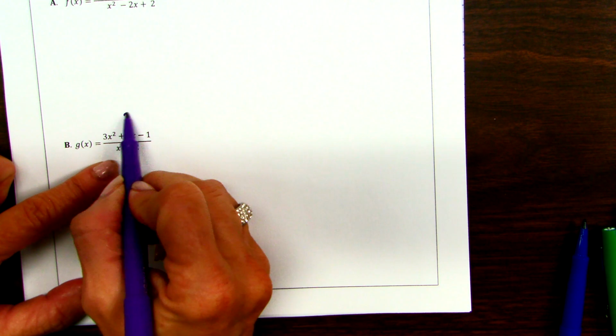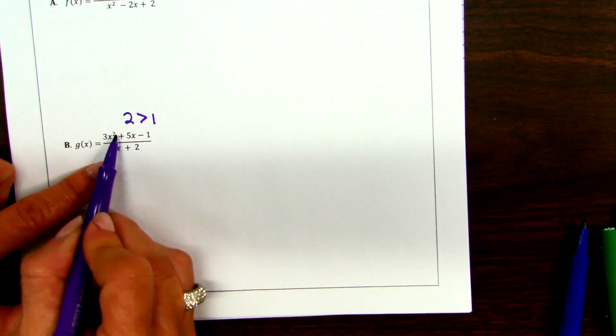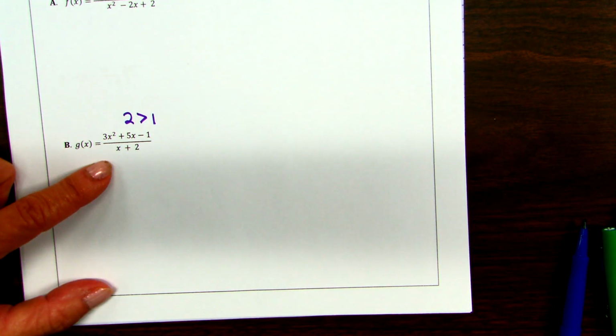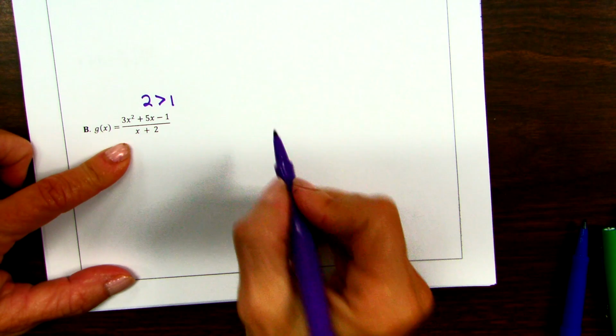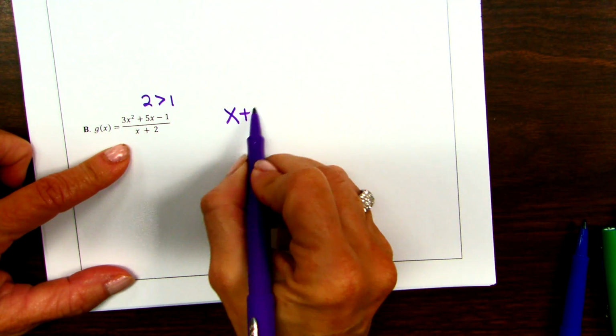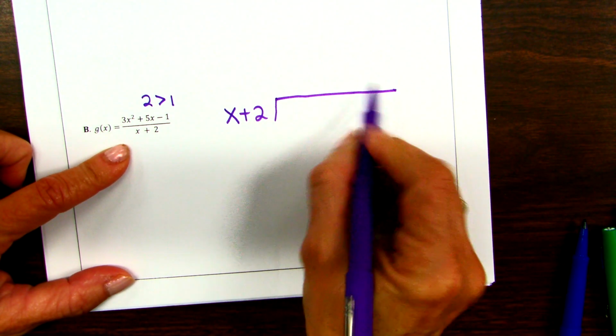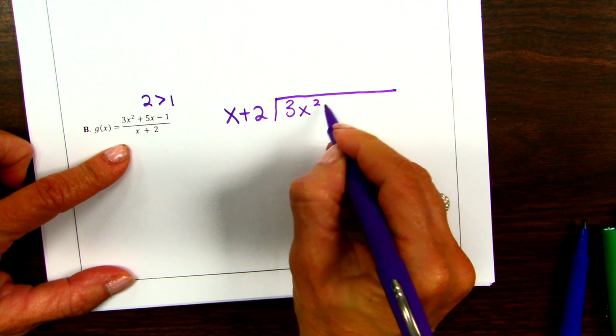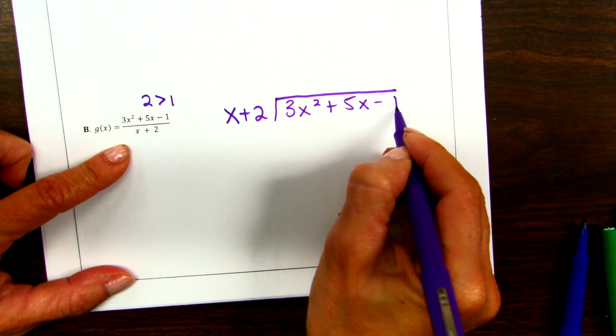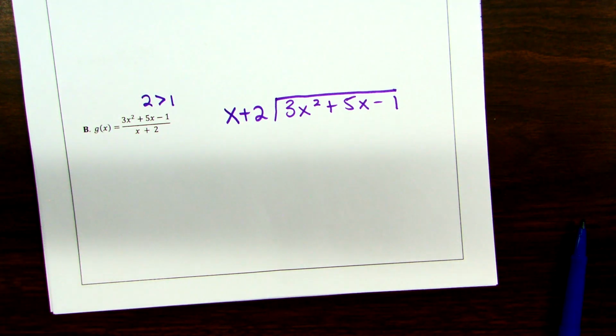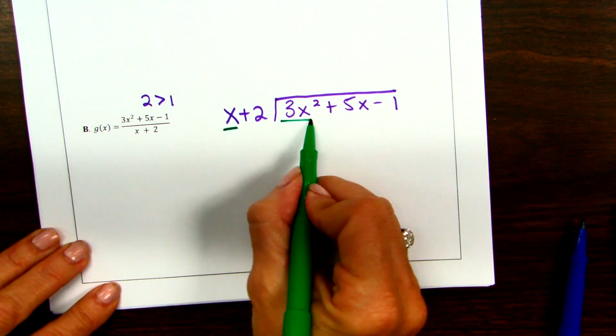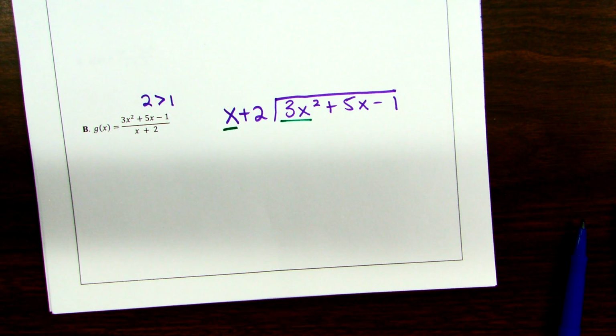So you can see 2 is greater than 1, right? 2 is greater than 1, so you know there's no HA, but we will have an SA. And in these directions, it said to find the SA. So we're just going to go ahead and do that. So x plus 2, and we start by looking at the first terms.